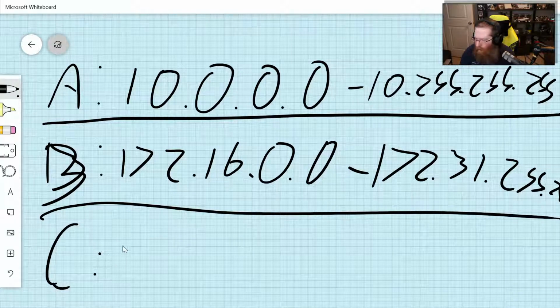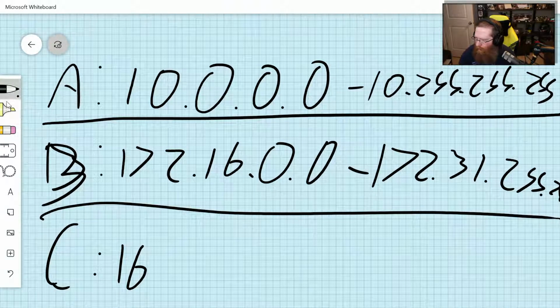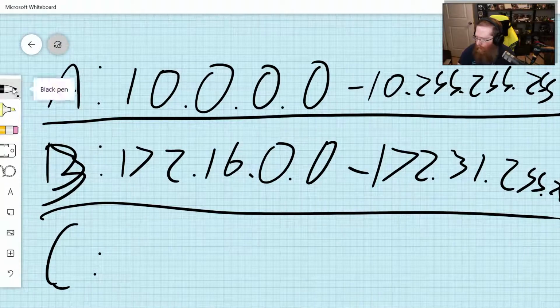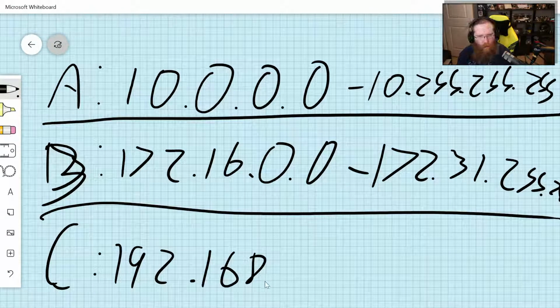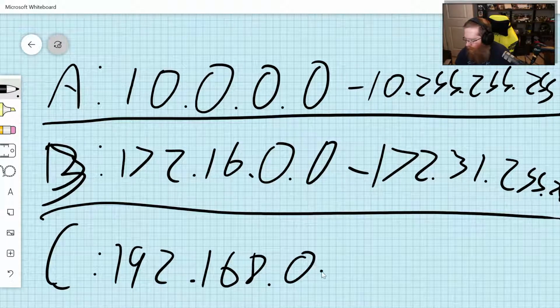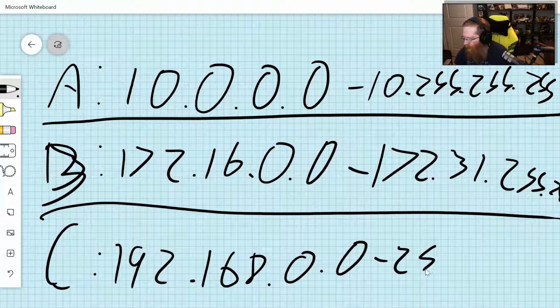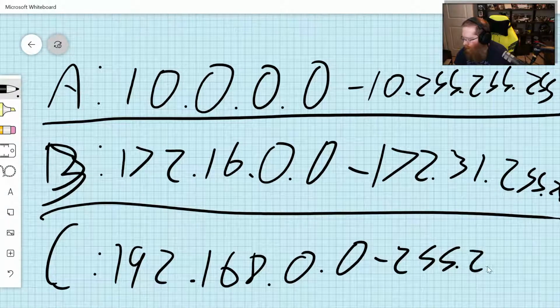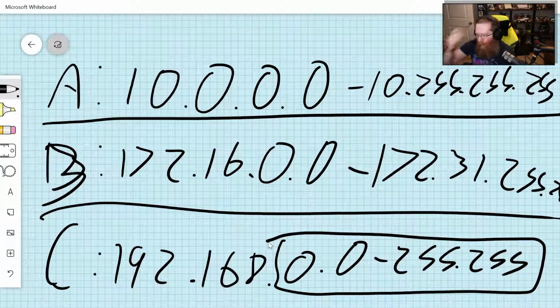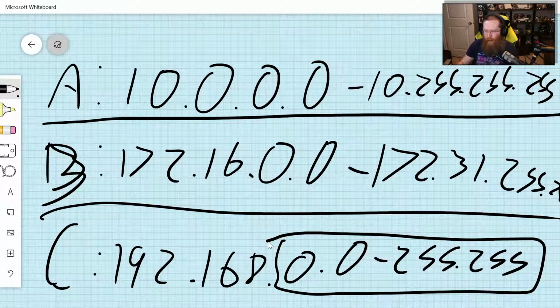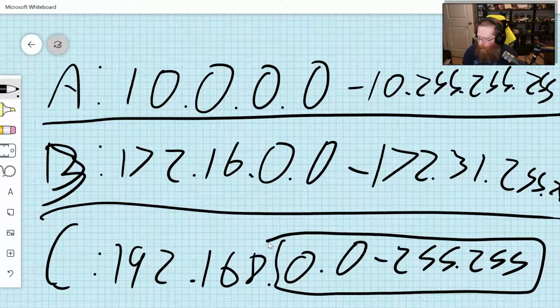This is 192.168.0.0 through 255. Okay, so on that 192.168, you're only going to be using the 192.168 on a private IP address.